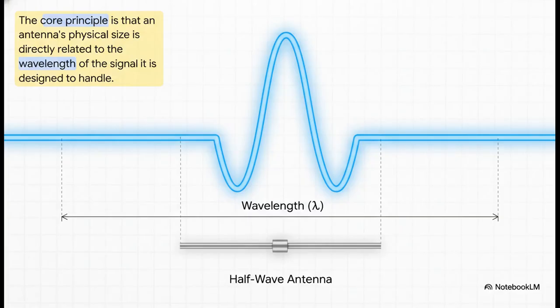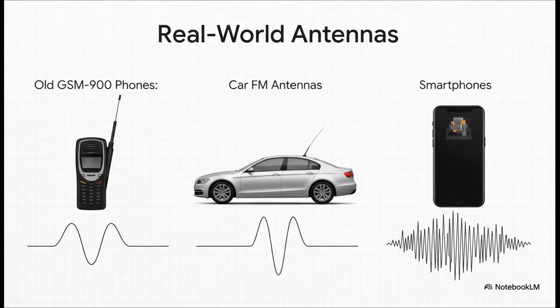And this brings us to what might be the single most important principle for any technician. The physical size of an antenna is directly tied to the wavelength it's built to send or receive. A good rule of thumb is that an antenna works best when its size is about half the wavelength of the signal it's looking for. And you've seen this your entire life without even realizing it. Remember those old cell phones from the 90s with the long pull-out antennas?